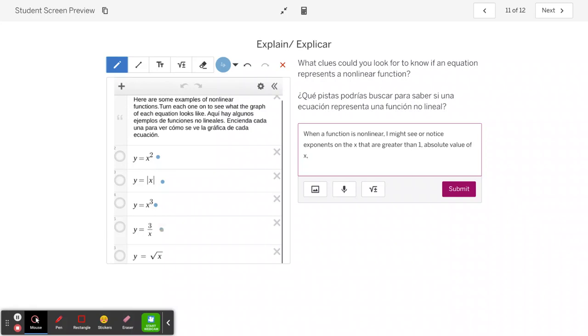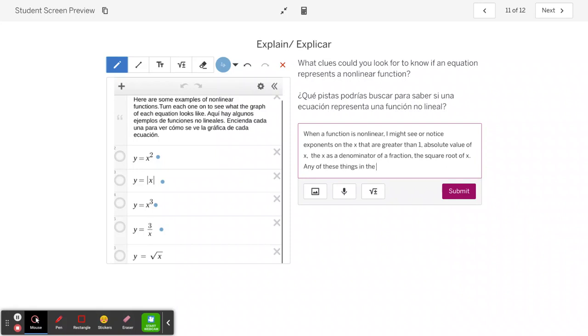This one, x as denominator. Yep. And lastly, the square root of x. Any of these things in an equation are going to make it nonlinear.